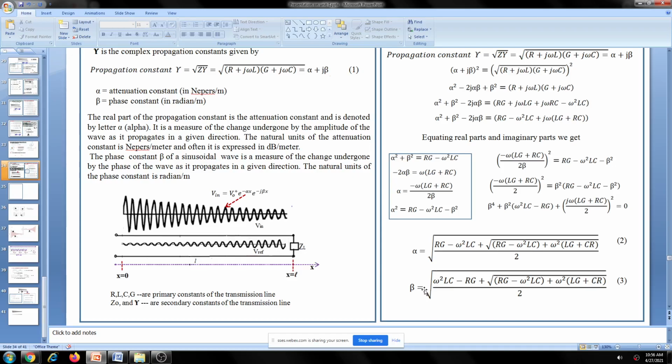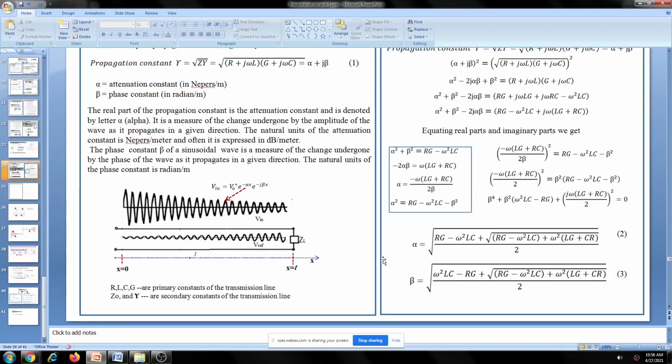Simply we cannot say alpha and beta, but if you understand in depth, there are a lot of issues with alpha and beta. Because alpha is a function of frequency, similarly beta is also a function of frequency. They depend not only on the constants but also on frequency. In the next class we will see what problems are introduced by alpha and beta.